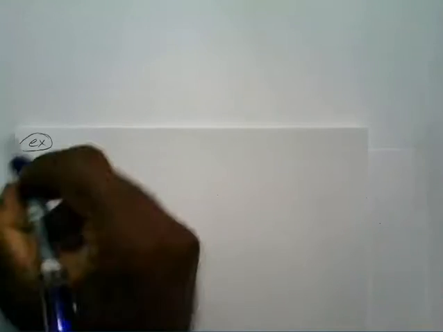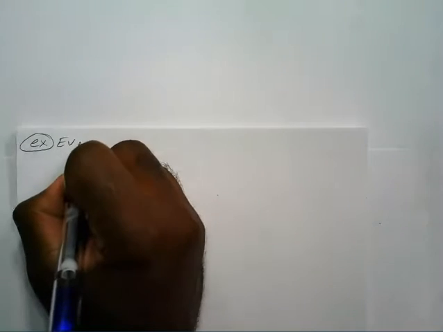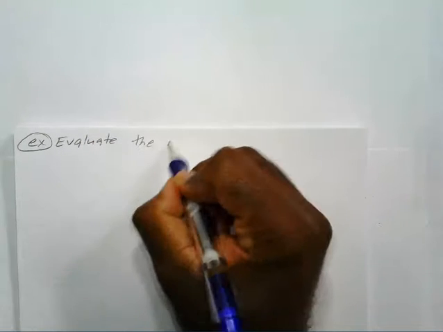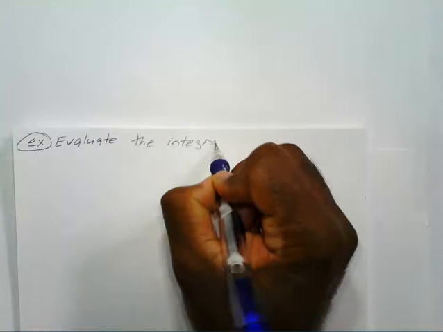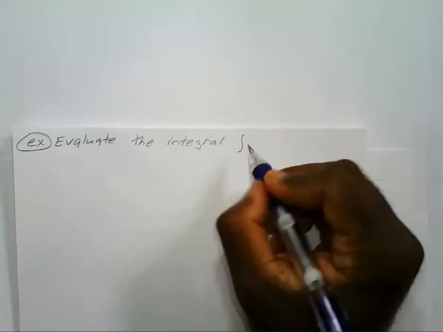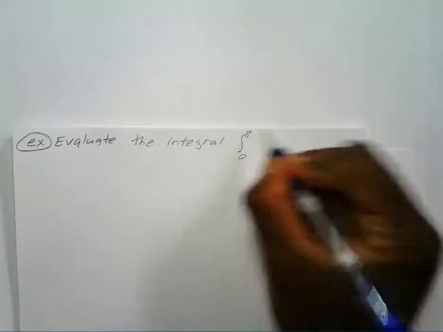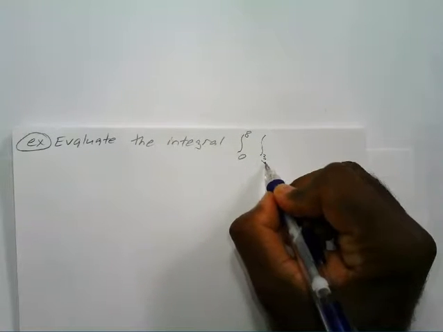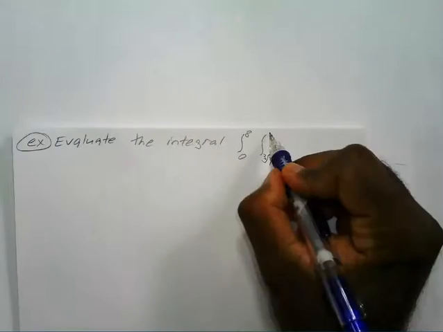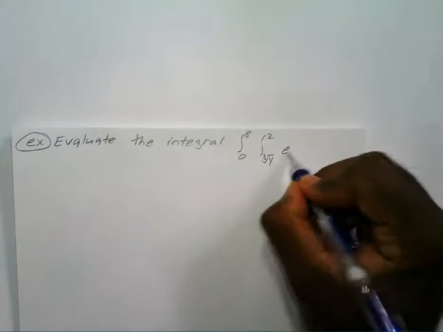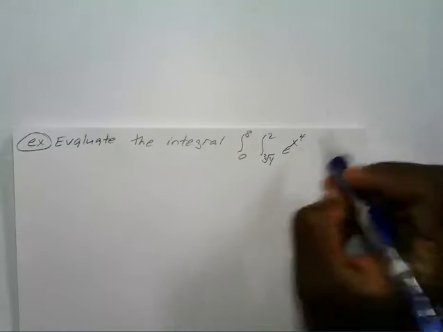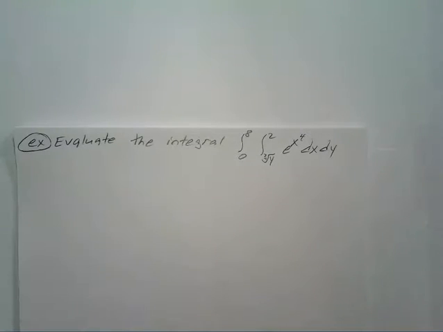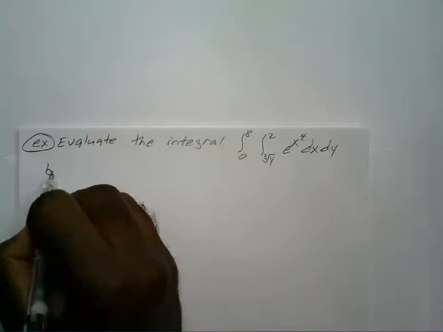Okay, so what if we wanted to, and this is kind of a new trick here, evaluate the integral from 0 to 8, and from the cube root of y to 2 of e^(x^4) dx dy by reversing the order of integration.